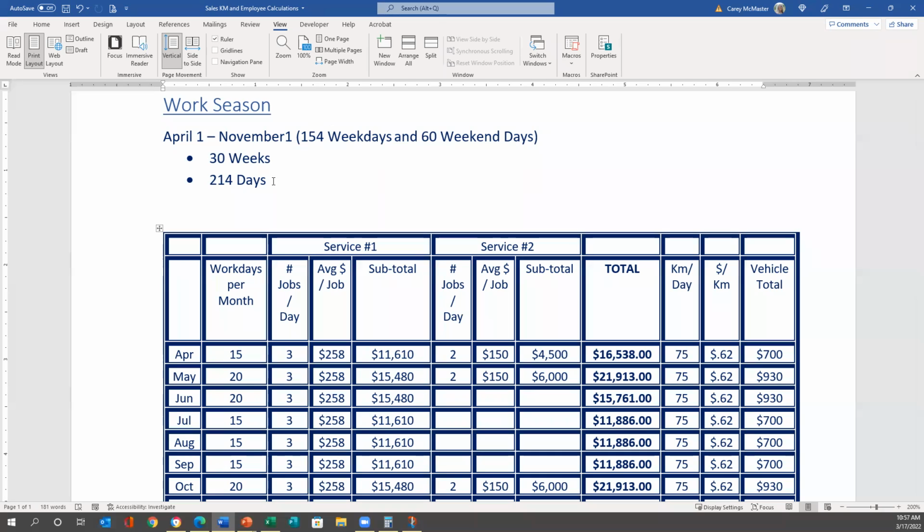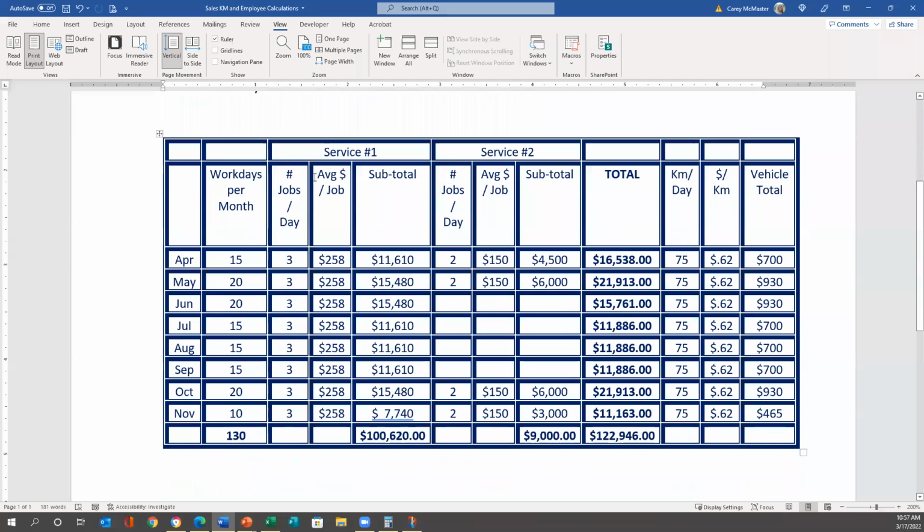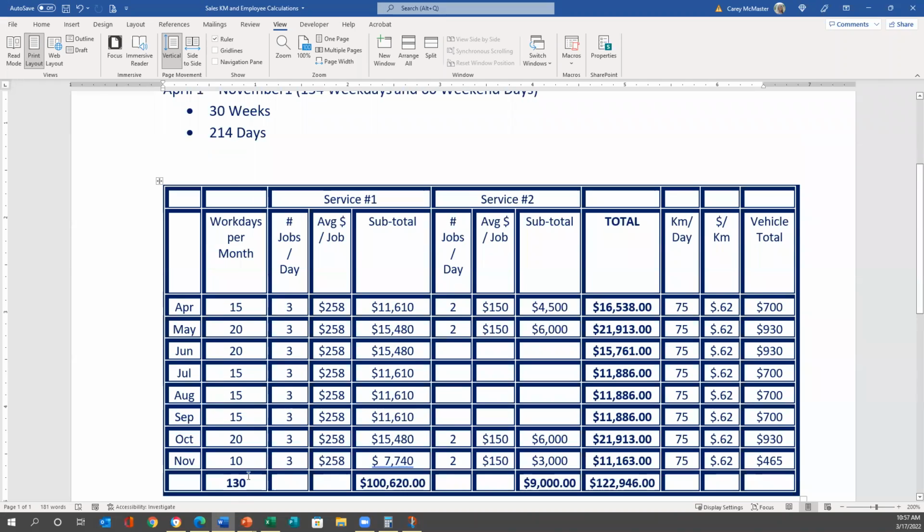So I probably am not going to work 7 days a week. And plus, there's going to be some rain days in there. So based on my 7 years experience in this form of business, I anticipate that I'll be able to work 130 days through the season, whether it's during the week or weekends.